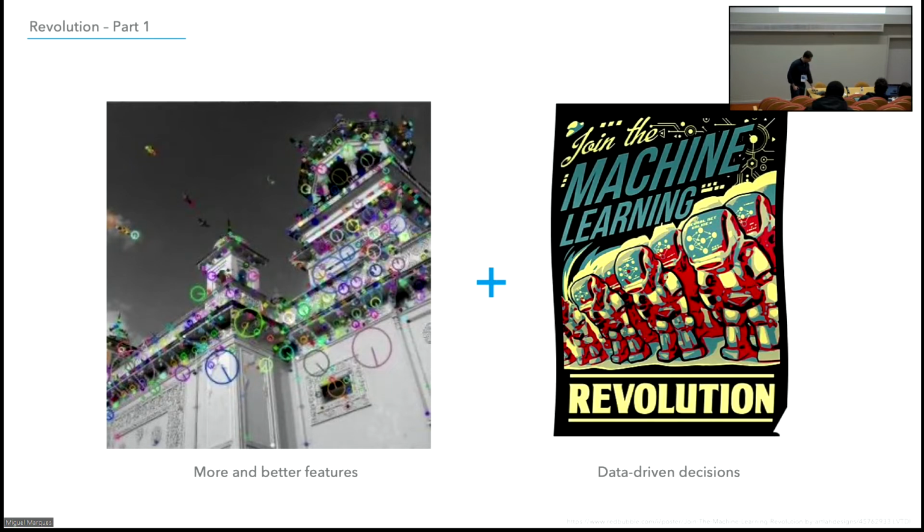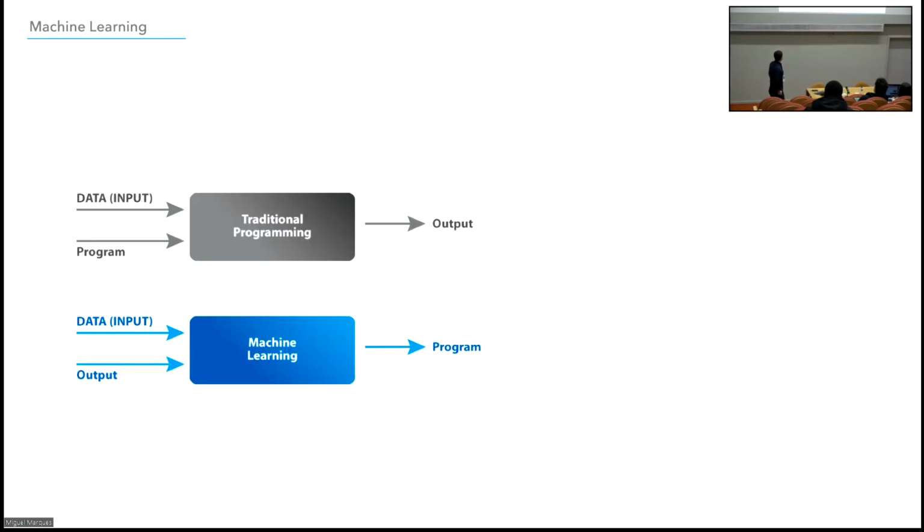You can think of machine learning as follows. In the traditional programming paradigm, you give the data and you give the program, you compute something, and that's your output. In machine learning, you give the data, you give the correct output for that data, and the machine learning algorithm will output the program.